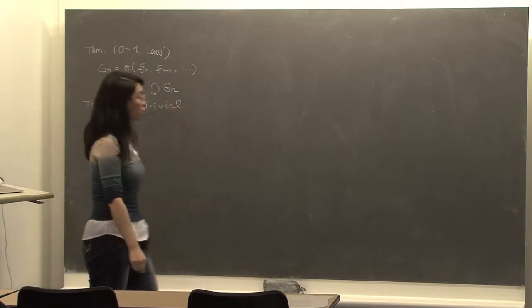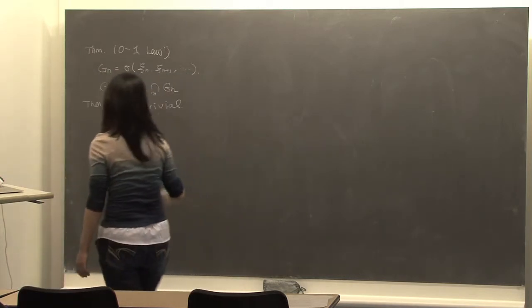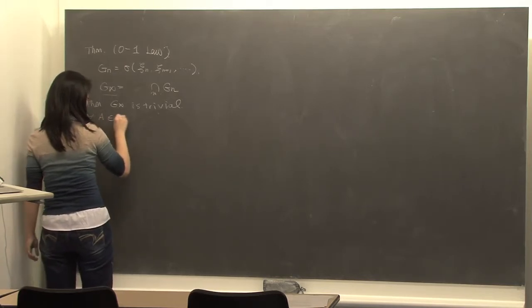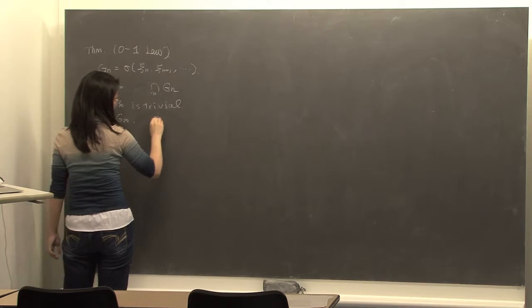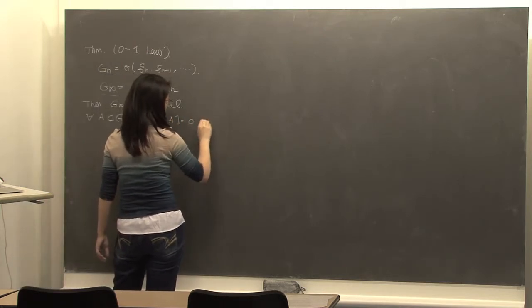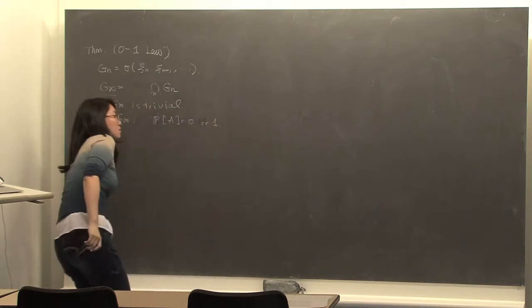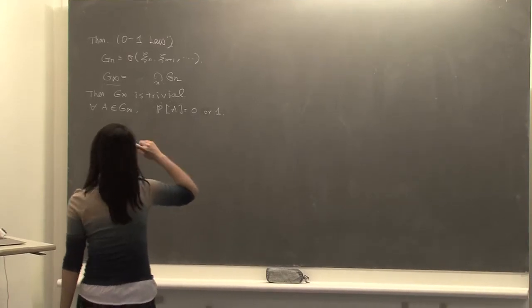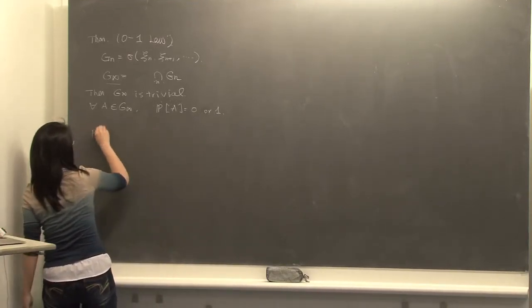And we say it is trivial. The meaning is for any event in this G infinity, the probability of this event is either 0 or 1. So this says that it is trivial. So why is this true?